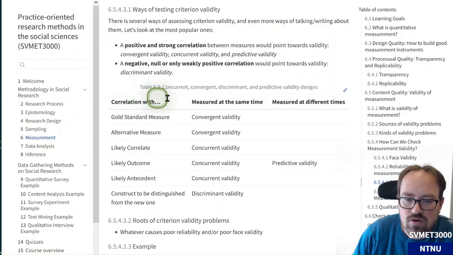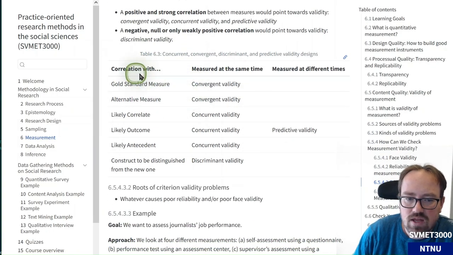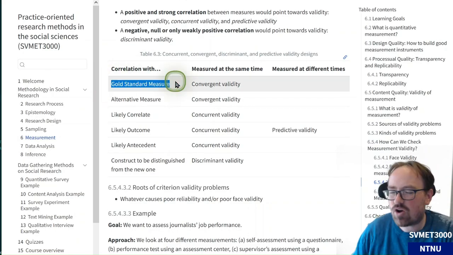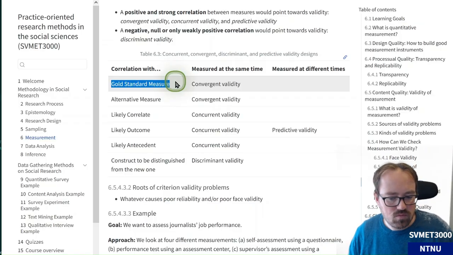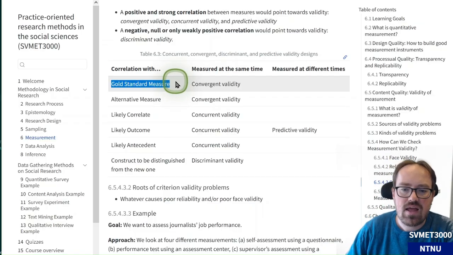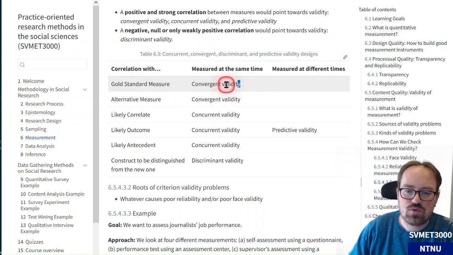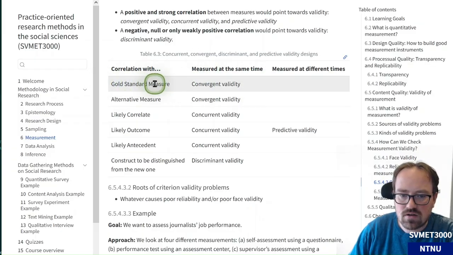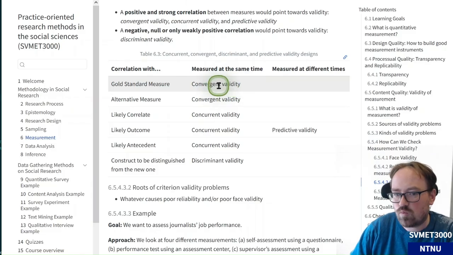So if we try to systematize that, we can look at correlations between a gold standard measure, let's say a complex intelligence test with lots of different test items, and our new scale that we measure along with the gold standard measure at the same time. Right? So we have the IQ test, the long IQ test and the short one. And if we have a high correlation, that would mean, okay, I can basically substitute the long and complex test with the simple one, which would be good.